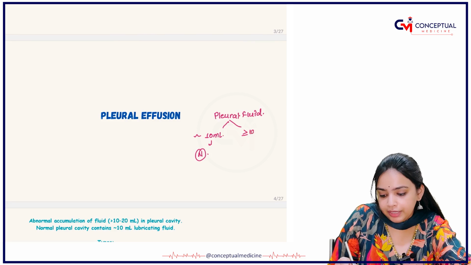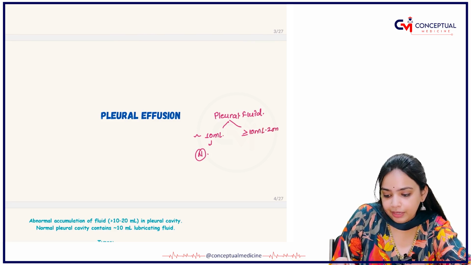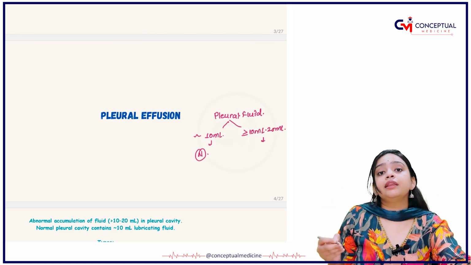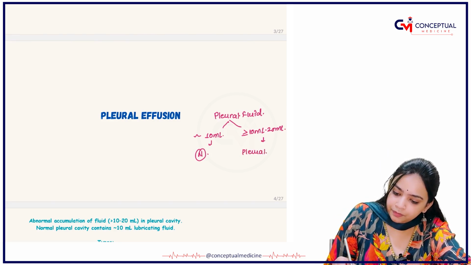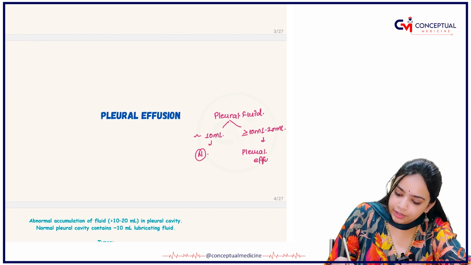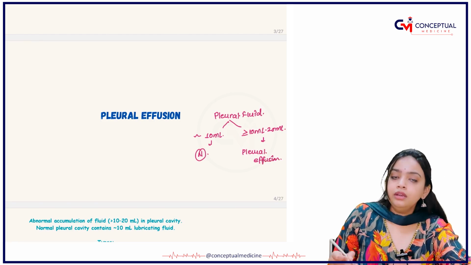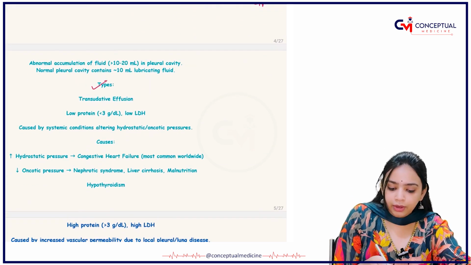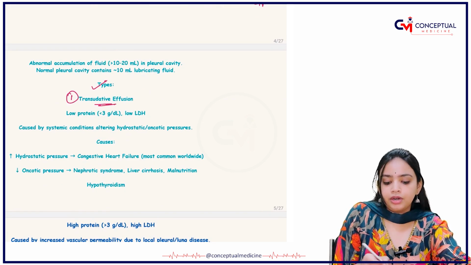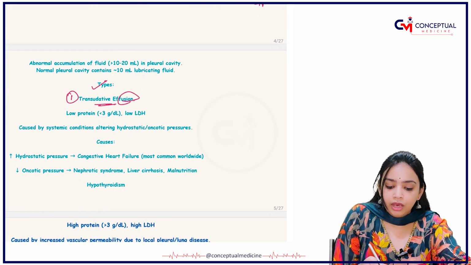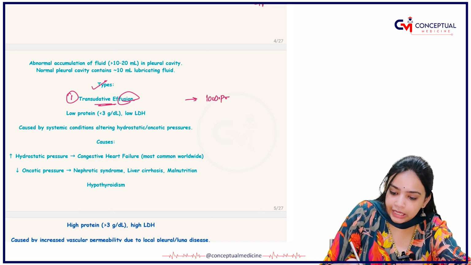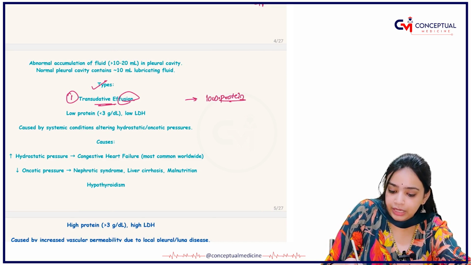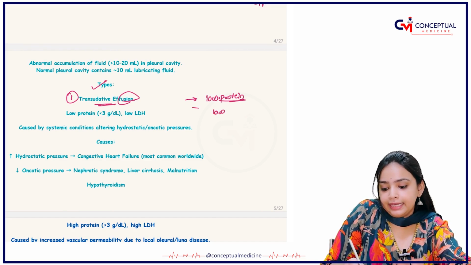If it is more than 10 ml to 20 ml, then it is a case of pleural effusion. You have the types. The first one is the transudative effusion. In the transudative effusion, there is a low protein and low LDH level.